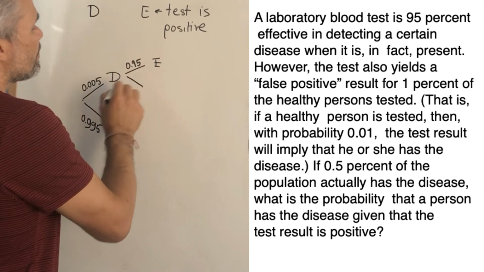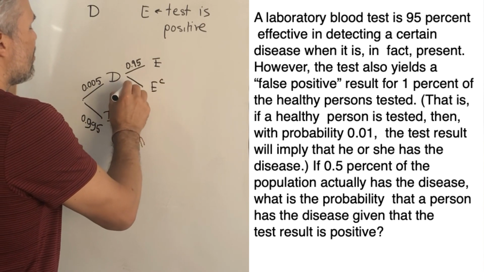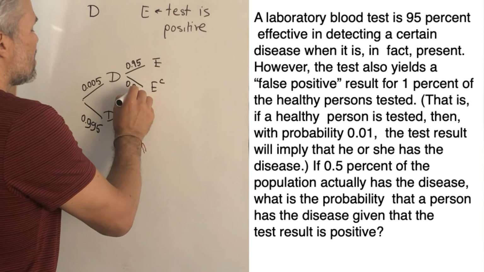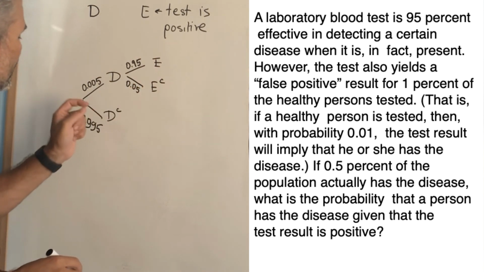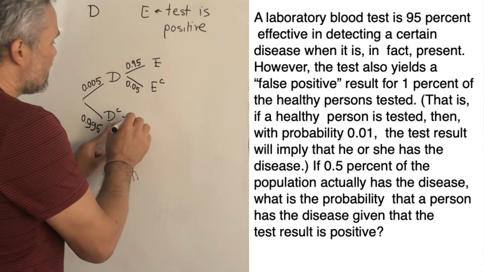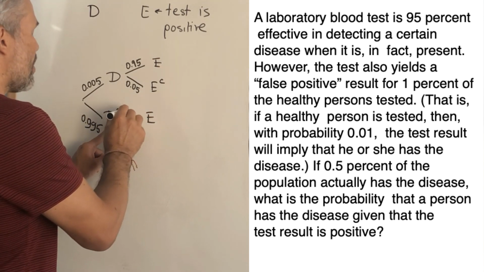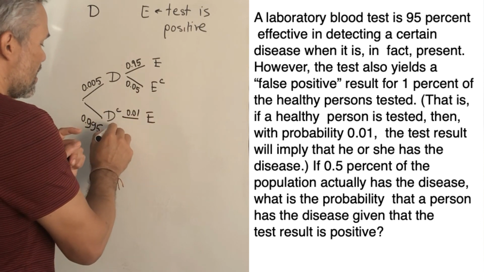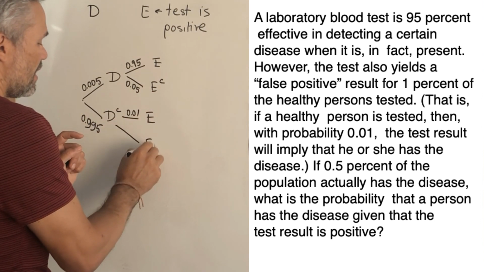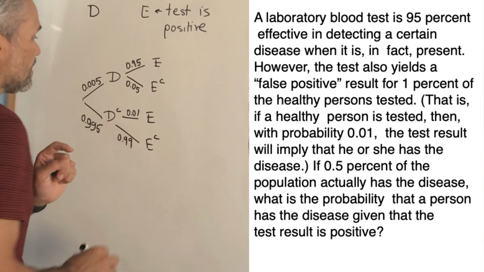And it will be negative with a probability of 0.05. On the other hand, if the person doesn't have the disease, the test would be positive with a probability of 1%, and it would be negative with a probability of 99%.